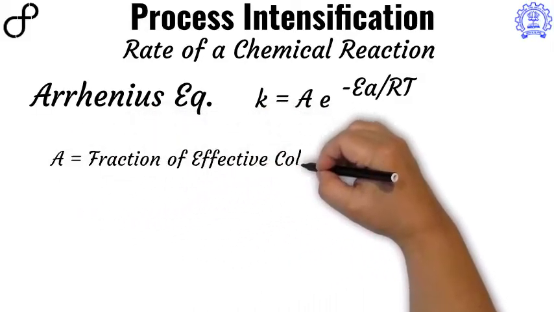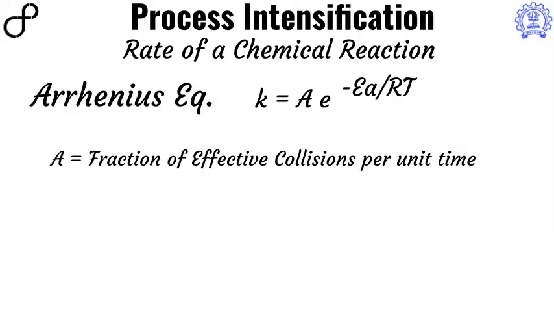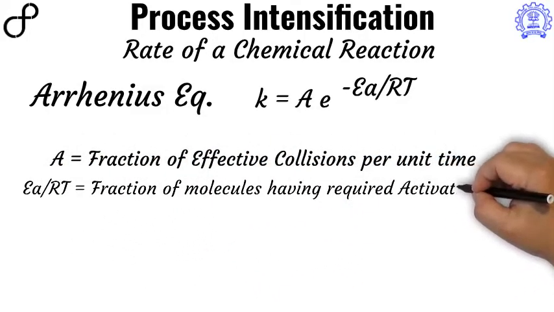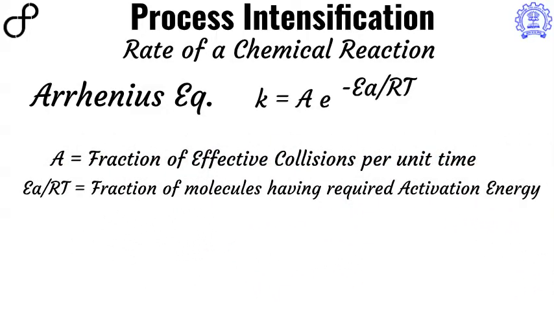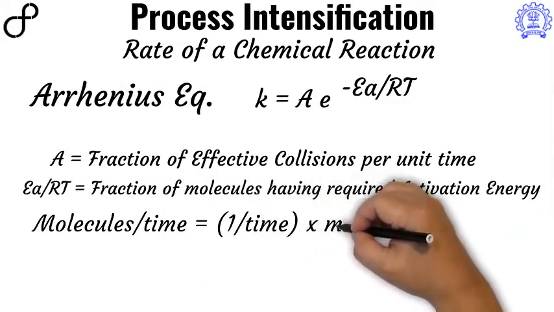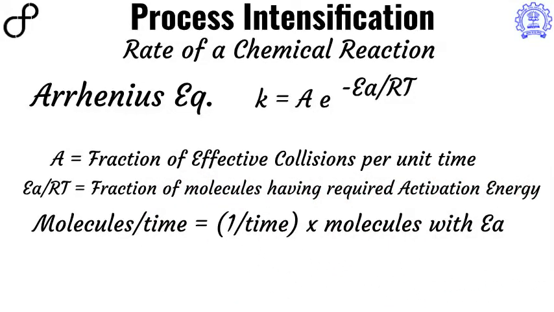The first factor, represented by A, is the fraction of effective collisions. The second factor is the fraction of molecules having energy equal to or higher than the activation energy. This can be easily confirmed by equating the physical units on both sides of the Arrhenius equation as shown here.